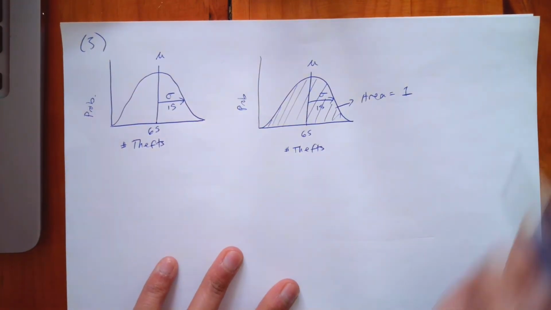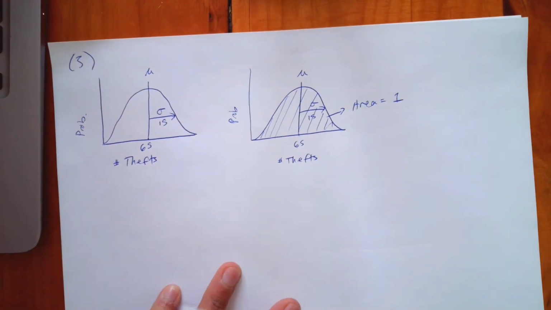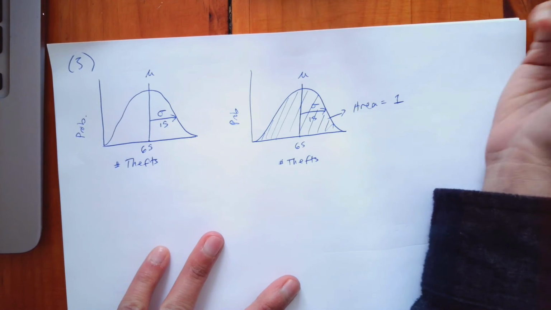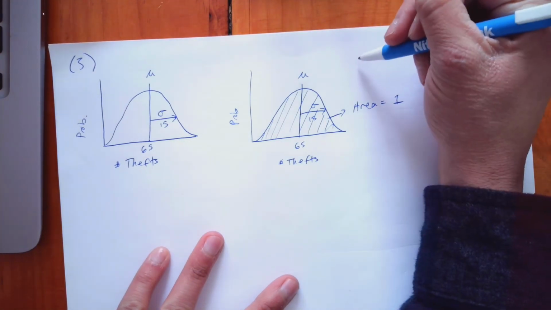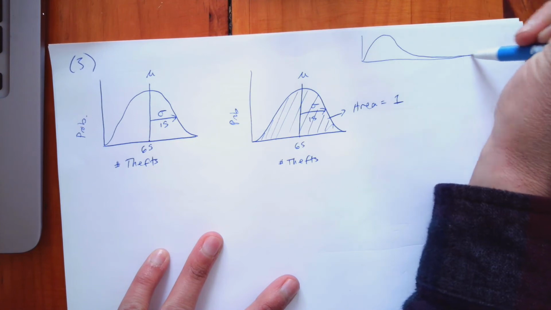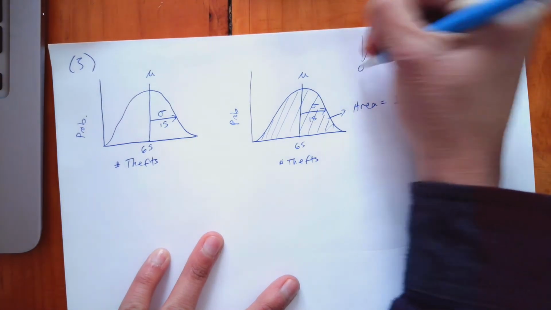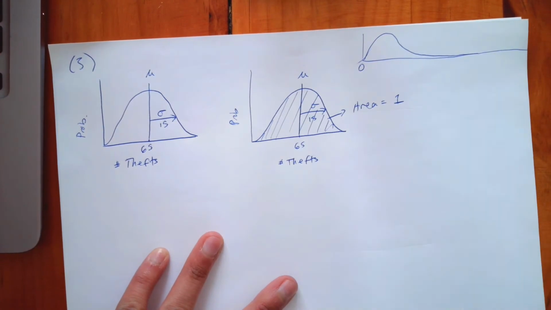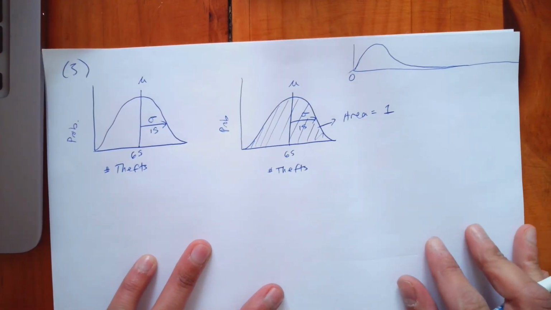And as a quick note, we're going to use normal distributions to model variables like this. But in reality, what we have is probably a probability distribution that looks more like this. Where this is 0, because you can't have fewer than 0 thefts. That would be somebody bringing things into your store and putting them there to sell.